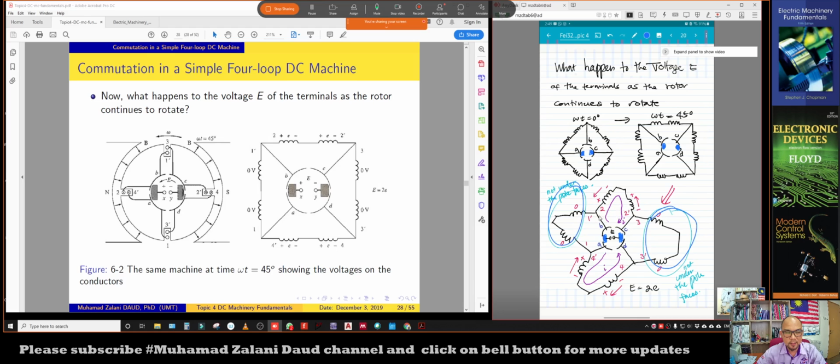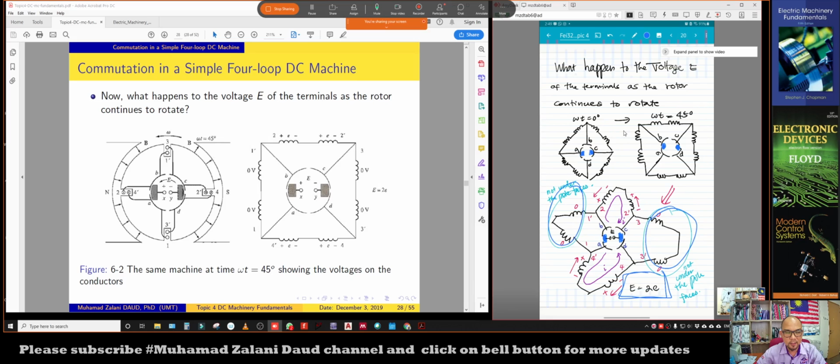But voltage will be induced at 2 prime and 2 and 4 prime and 4. Voltage will be induced at these two particular segments only. So we can say that the total voltage across this terminal is E equals 2E, because no voltage is induced beyond the pole edge, all right.